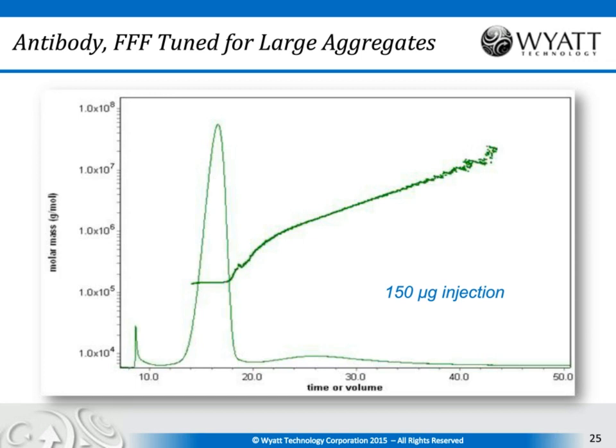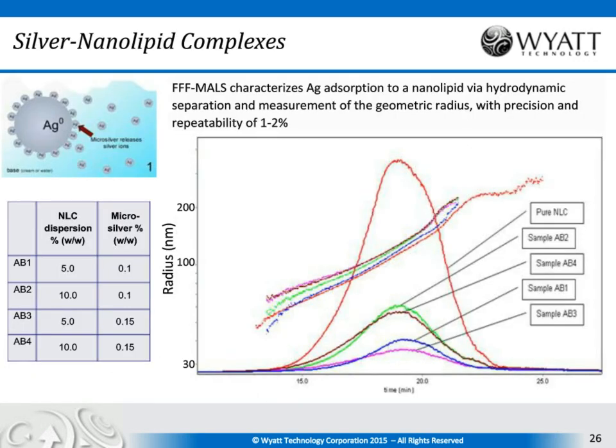This is an example of a colloidal system. So it's an antimicrobial system using silver as the active agent, and the microsilver is being carried by these nanolipids to which it's absorbing. And the question being asked here was, using different preparative conditions, different ratios of nanolipid to microsilver in the preparation, how does the size of these particular colloids change?